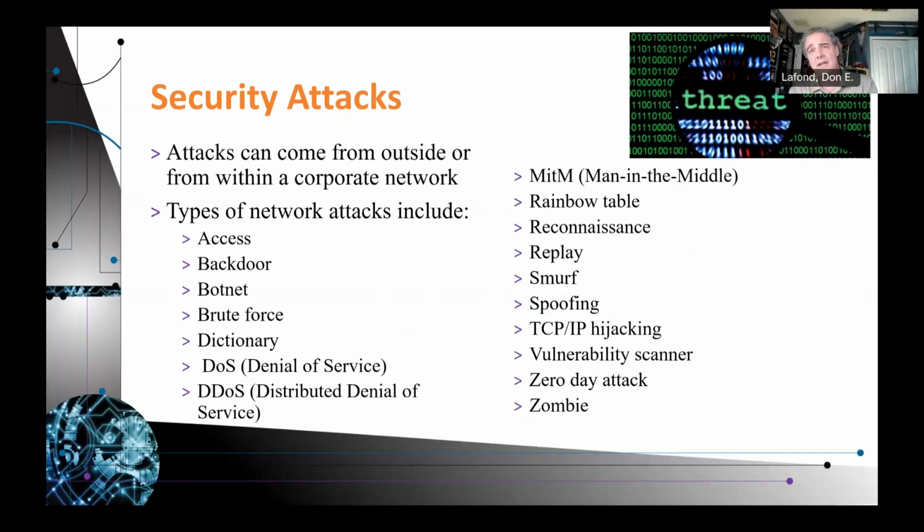Then they pass it on to the real default gateway, and the default gateway passes it back to them because that's where they got it from, and so that person gets all of the information. That's just an example of a man in the middle. There's lots of ways to do it. Rainbow table, reconnaissance, talked about that earlier.